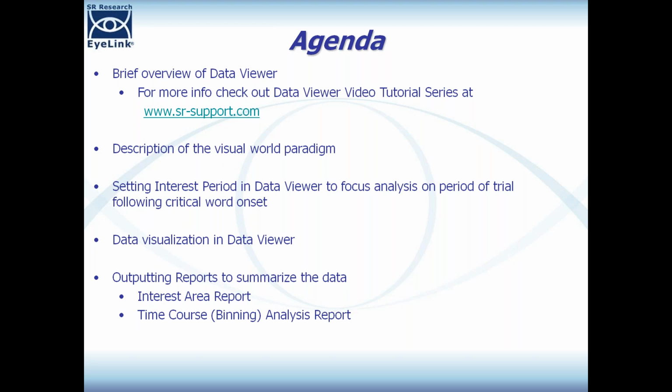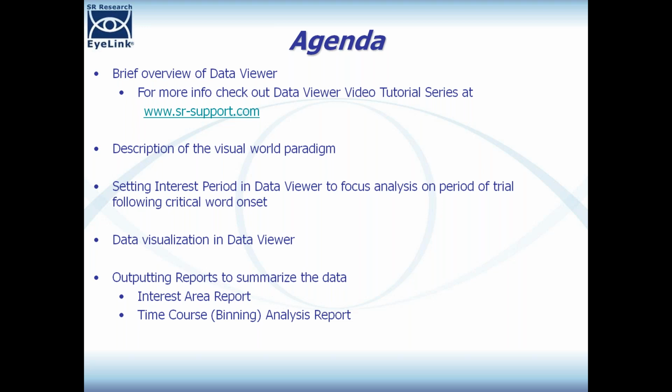Then you will output tab delimited text files that we call reports, and import those into a stats program. We're going to focus our discussion today on two of those reports: an interest area report and a time course binning analysis report, which was specifically designed for visual world experiments.